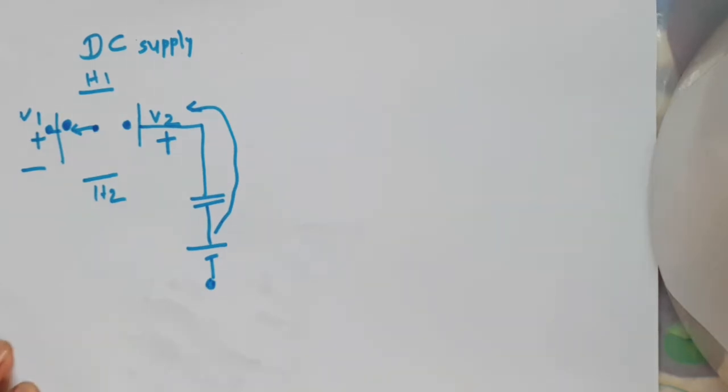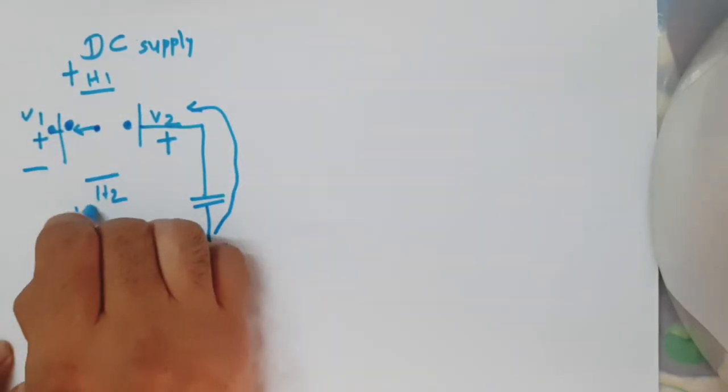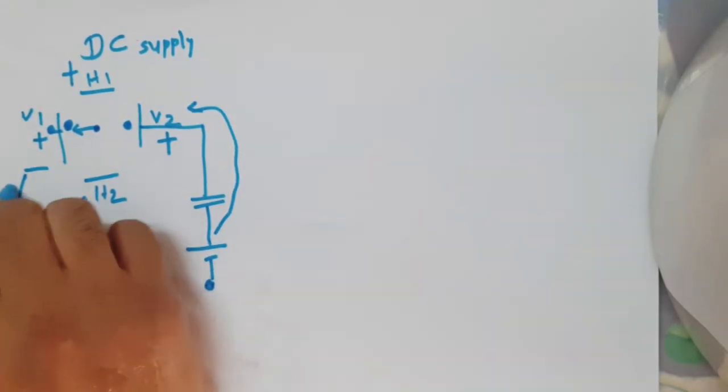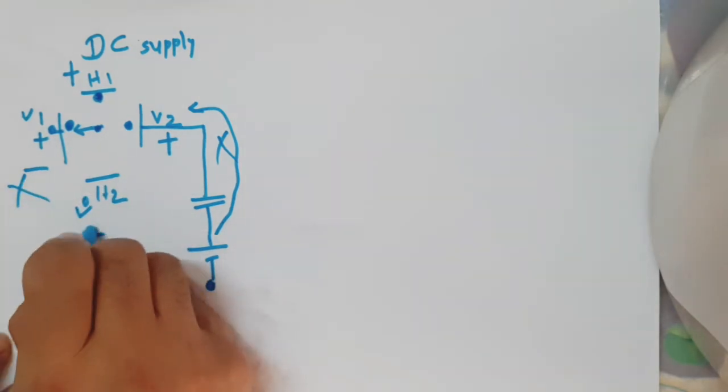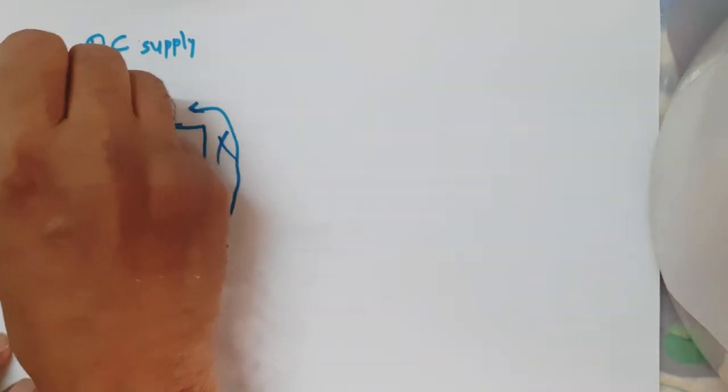Same way, if we apply more positive voltage to H1 compared with H2, and we are not applying voltage to the other plates, the spot moves in the upward direction. And if we apply more positive voltage across H2 compared with H1, then the spot moves in the downward direction.